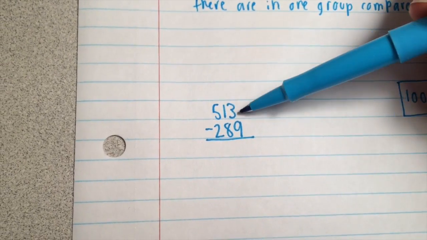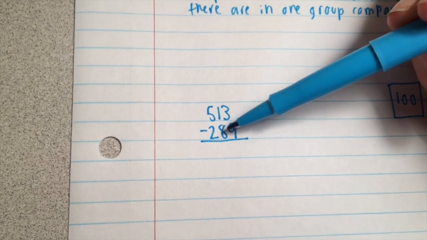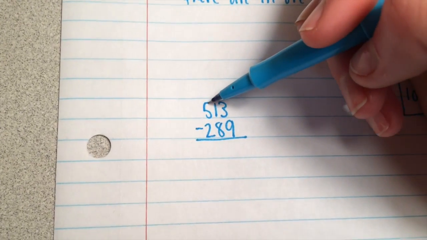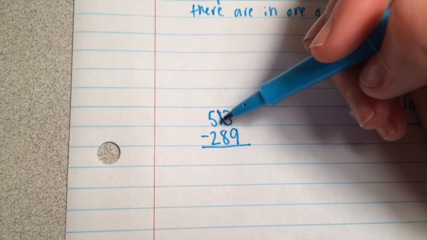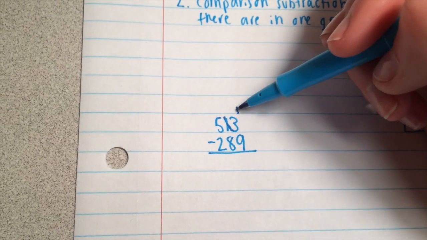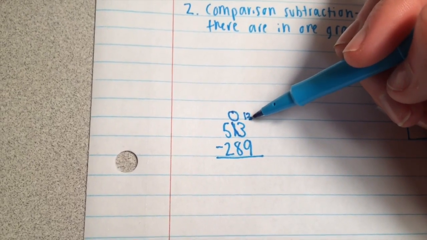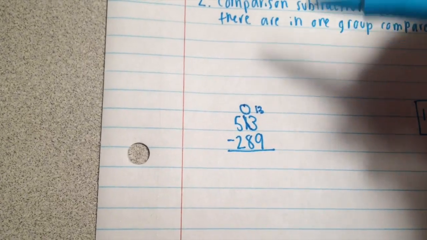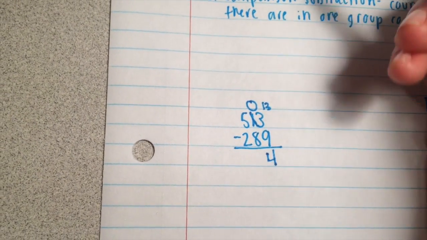So if we remember that this is not 1, this is 10 because it is a group of 10 in the rods column, what we can do is regroup this. We can borrow this 1 and make this 13. So now it goes from one group of 10 to 0 groups of 10. So now it is 13 minus 9. So 13 minus 9 is 4.